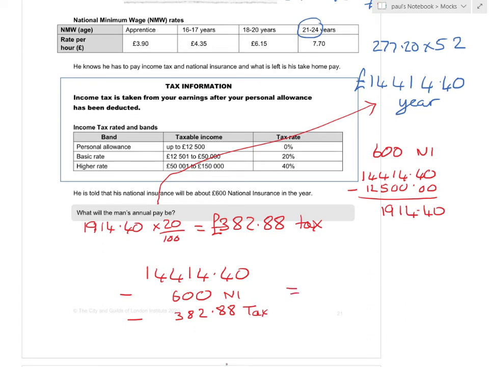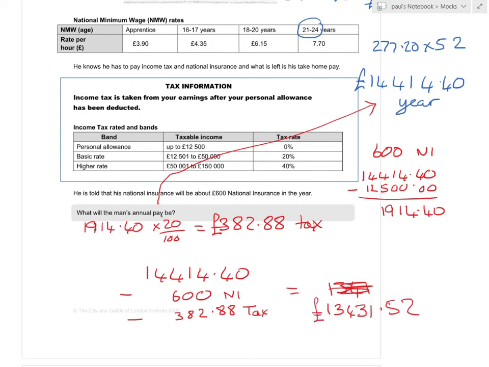So 14,414.40 minus 600 minus 382.88. So he's going to be left, take home, 13,431.52.